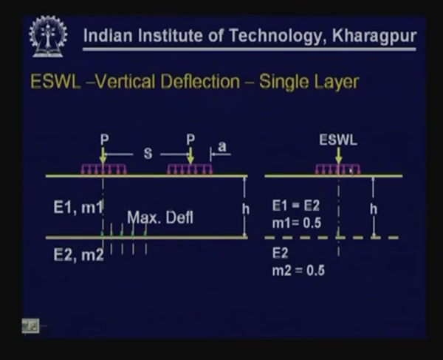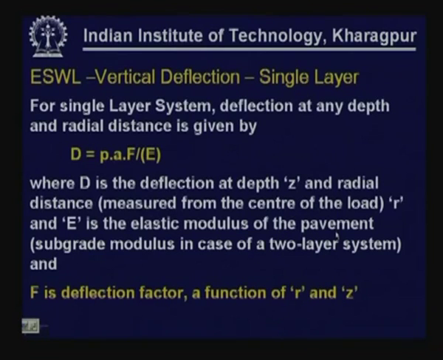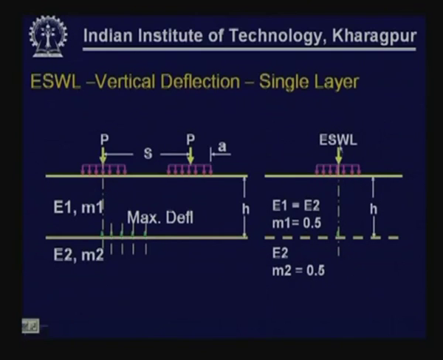Similarly, to obtain the equivalent single wheel load, we will keep the radius of this equivalent single load constant and equal to that of the radius of contact of one of these wheel loads. We keep the same parameters, and at this depth obviously the maximum deflection is going to be along the axis of symmetry at the interface.